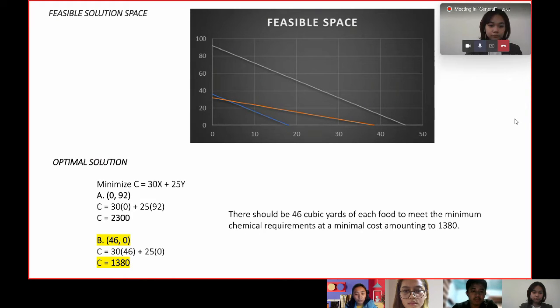Then, after plotting, we identified the feasible space and started to look for the optimal solution, which was done by using the objective function formula to substitute with the value of our corner points from the constraint potash. So we found that there should be 46 cubic yards of each food to meet the minimum chemical requirement at a minimal cost amounting to 1,380.